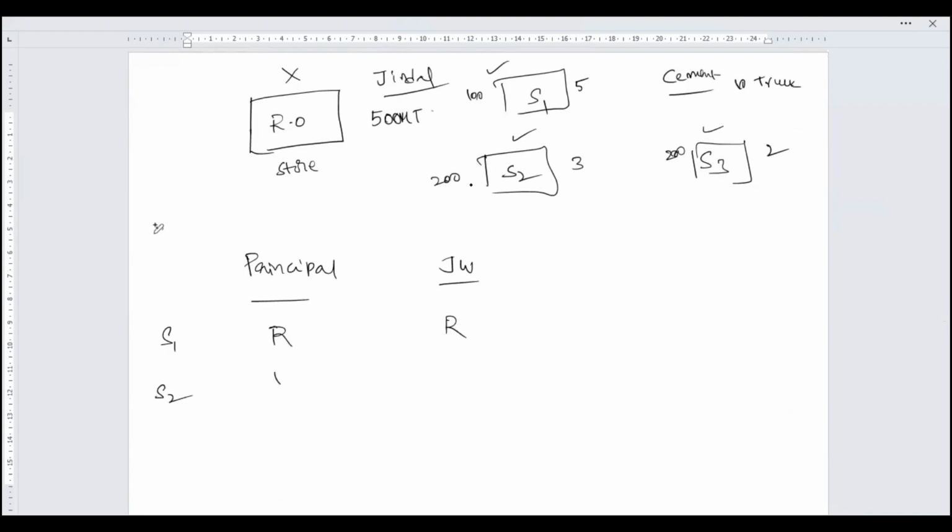Scenario 2, principal is registered, job worker is unregistered. Scenario 3, principal is unregistered, job worker is unregistered. Scenario 4, principal is unregistered, job worker is registered. These are the permutations and combinations.